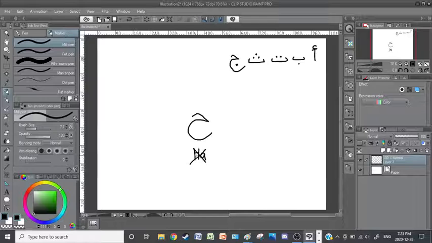It has a similar articulation point to another letter which is actually called he. However, this letter cannot be transliterated in English, so I will say it and hopefully it is clear on the microphone. The letter is ha.